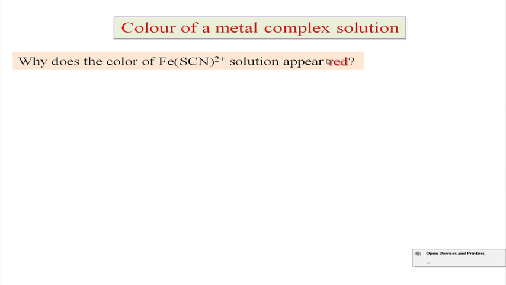You should also know the color intensity, how much red it is, which will depend on the species responsible for this absorption. We should also know how we can monitor the corresponding absorption pattern, which we call electronic absorption spectroscopy, related to the species forming in solution as FeSCN2+.